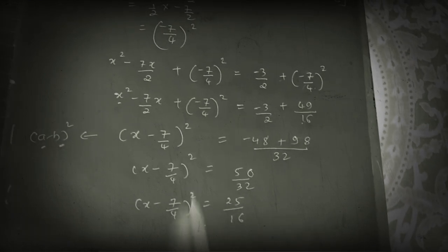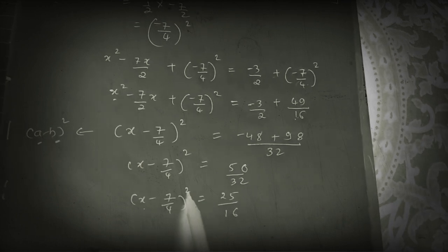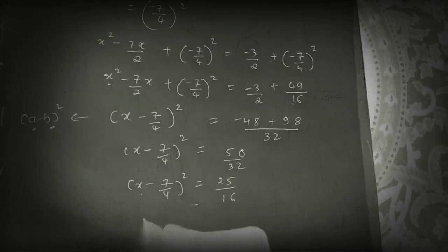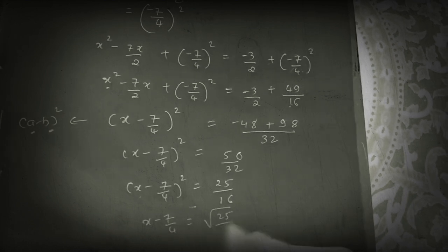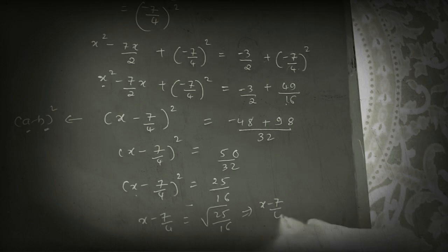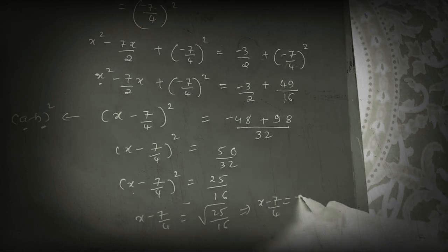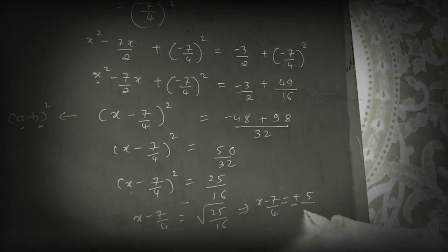Now we are going to find the roots. Roots are nothing but the value of x. So we'll send this square to the other side. x minus 7 by 4 will be the square root of 25 by 16. So this implies x minus 7 by 4 equals plus or minus 5 divided by the square root of 16, which is 4.